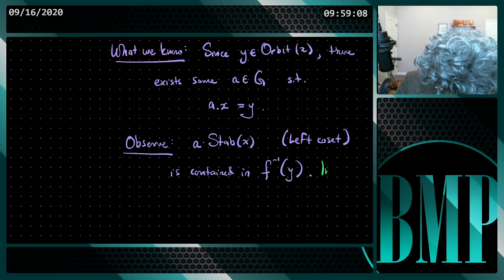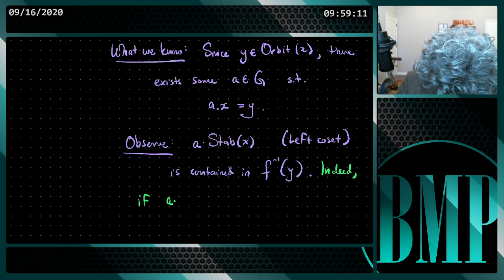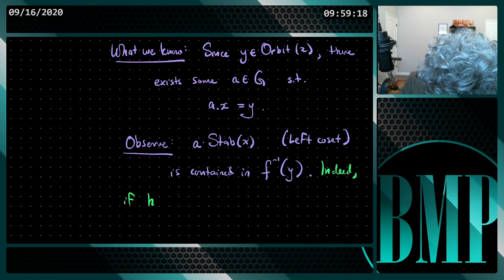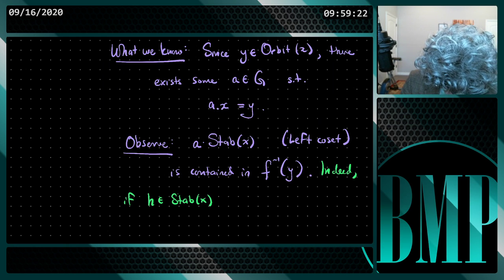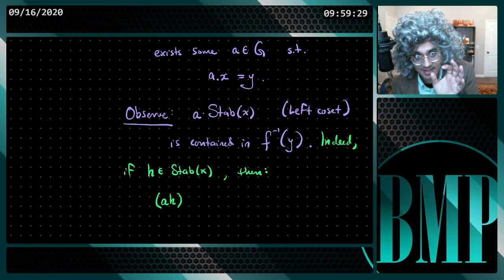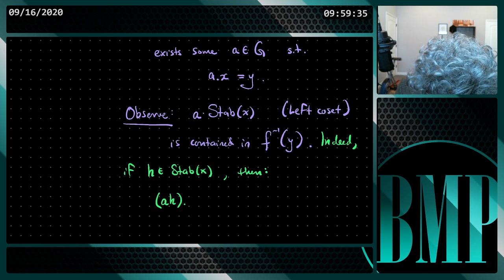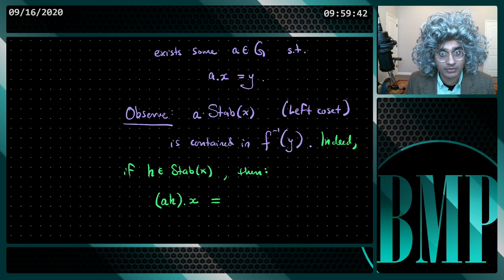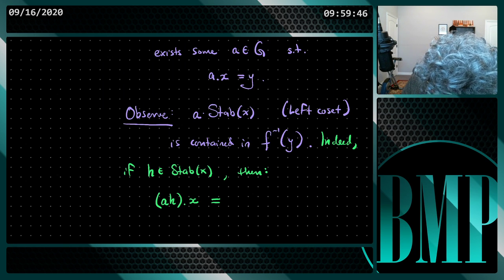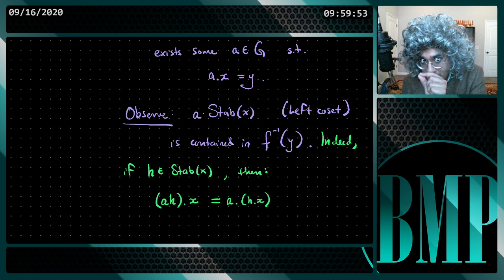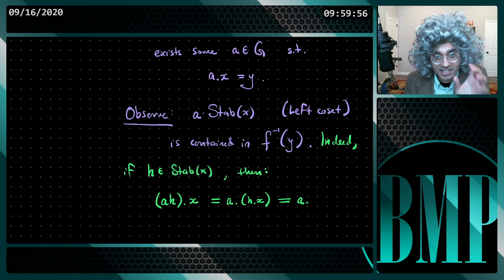Indeed, if H is an element in the stabilizer, then check this out. AH, which is exactly the type of element in the left coset corresponding to A, times the element X is, by the axiom of group action, A times H times X. But H is in the stabilizer, so H dot X is X itself.